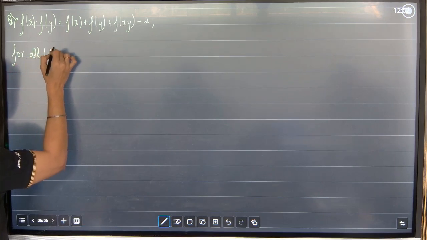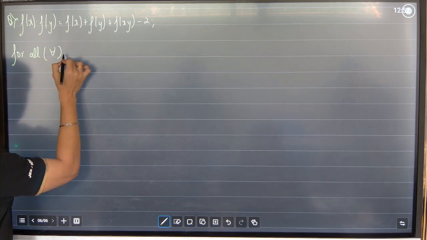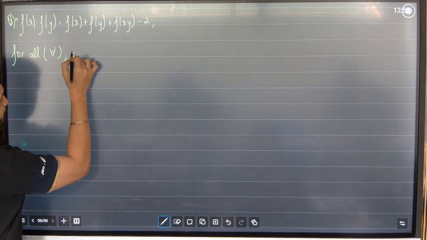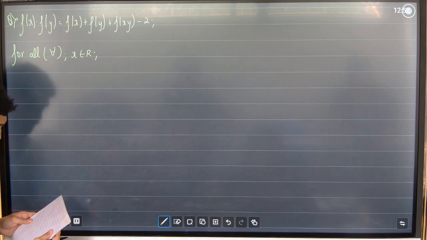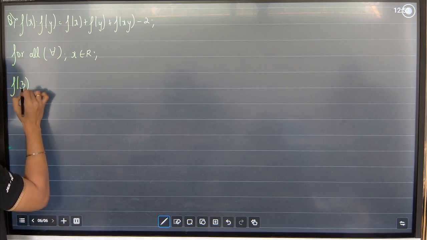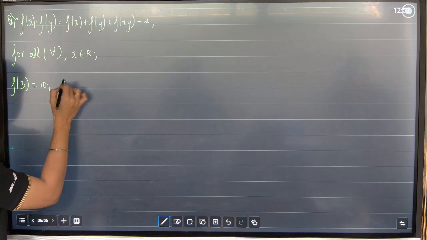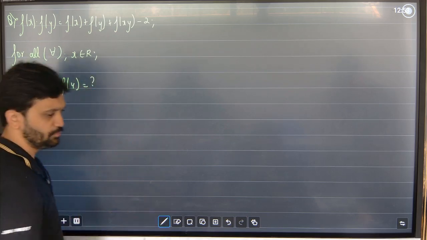This is the symbol for all. F of 3 is equal to 10. F of 4 is equal to question mark.